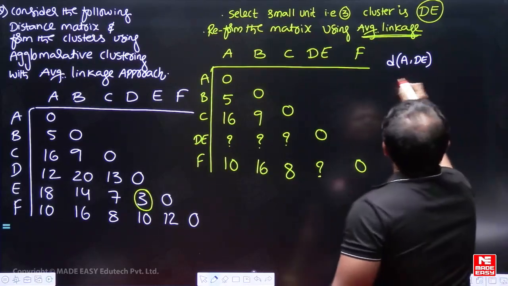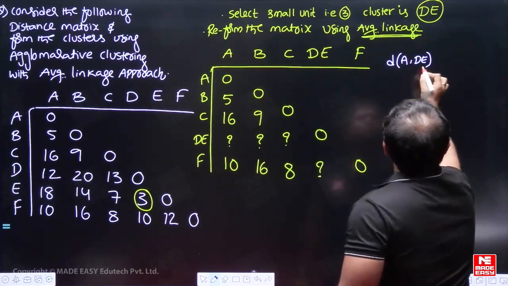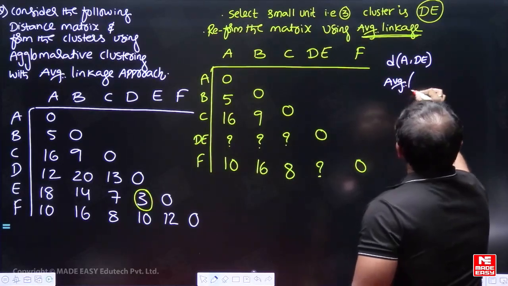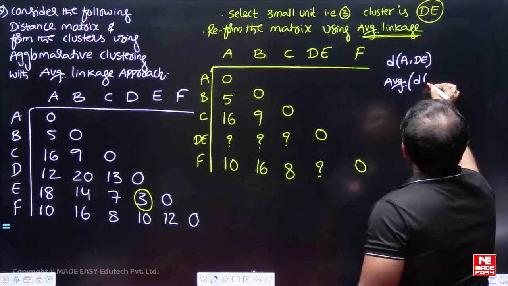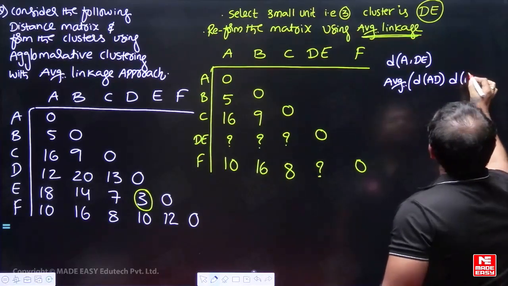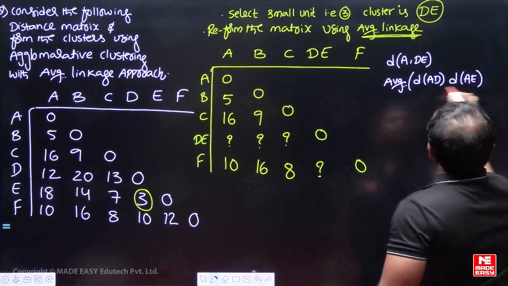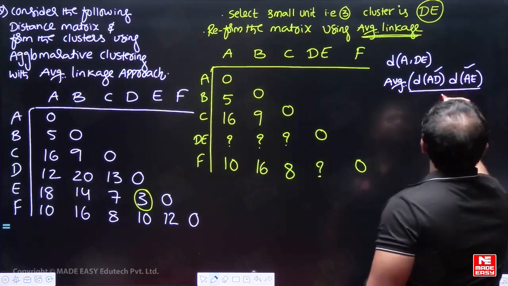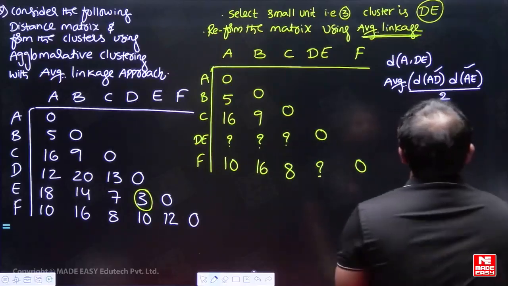Okay, so what is the value now? Average of the distance between AD and the distance between AE, divided by how many pairs are formed? 2 pairs. That is the average.